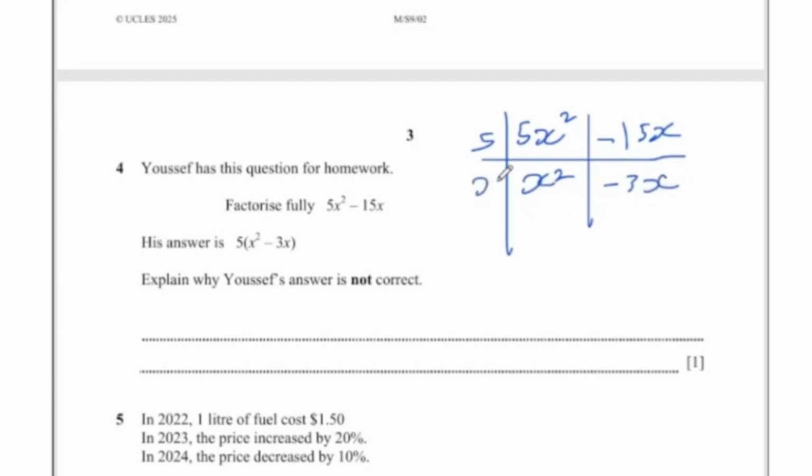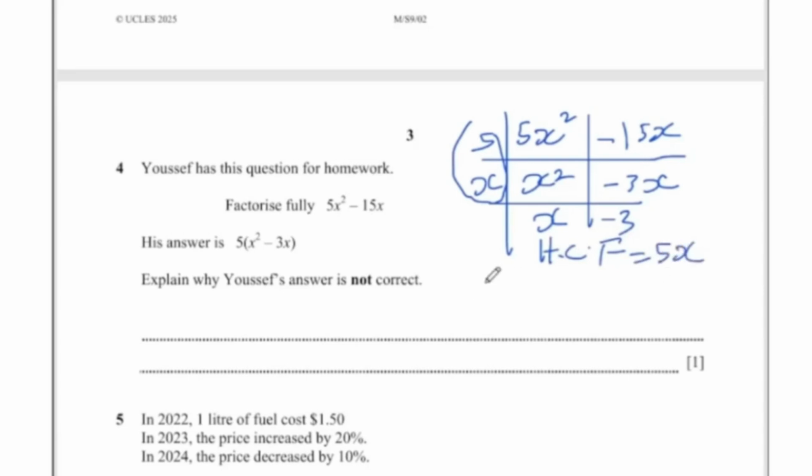So x is common. We go with x. This becomes x minus 3. Nothing is common anymore. So we see clearly the HCF is 5x. Highest common factor is 5x.